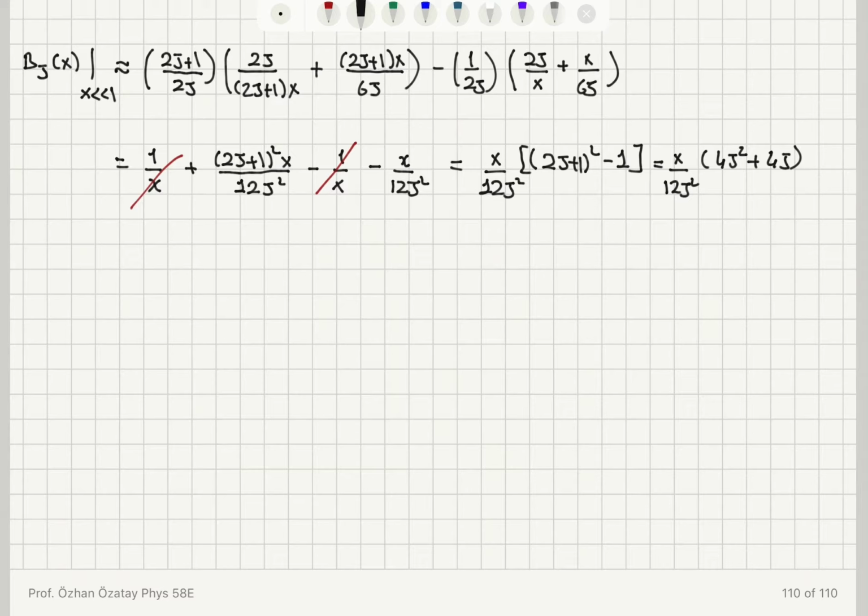So the Brillouin function will turn into x over 3J times (J+1). The 4 will cancel, 12 turns into 3, and one of the J's will disappear.